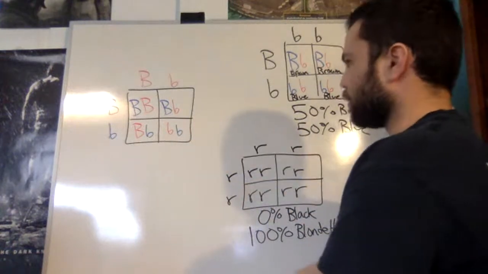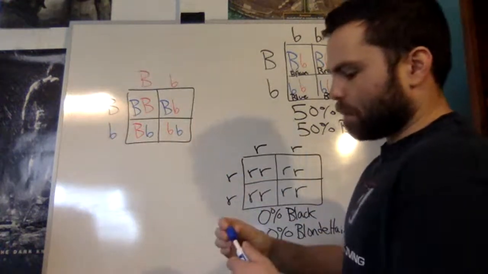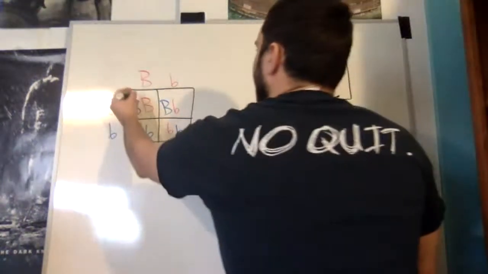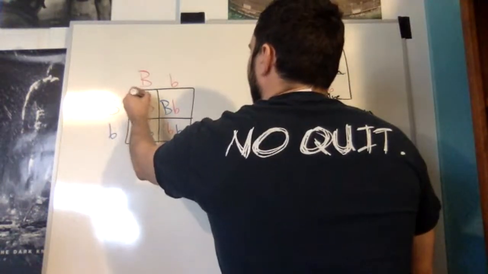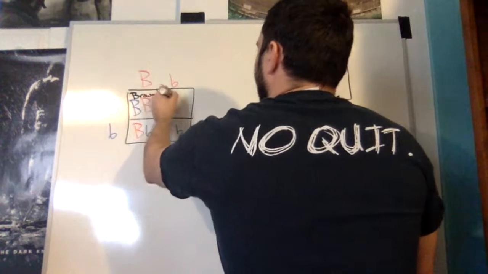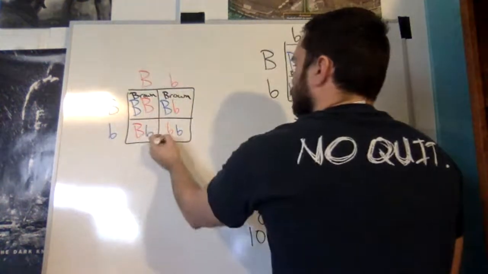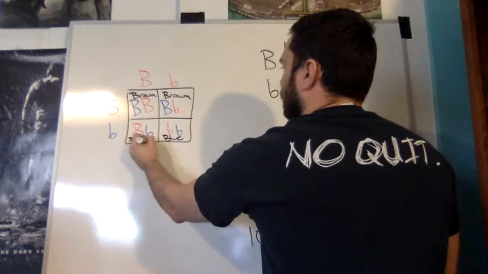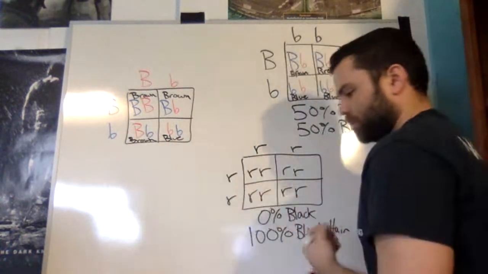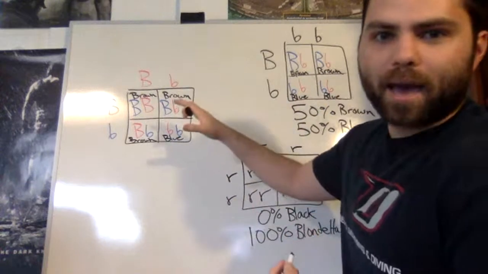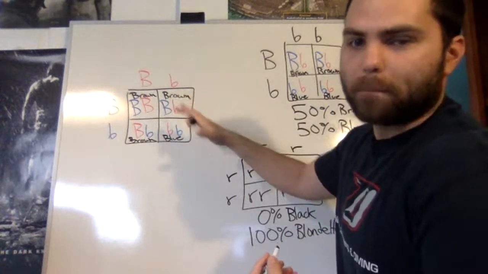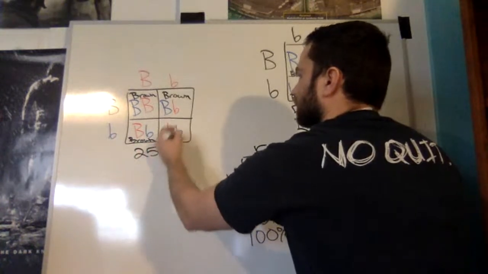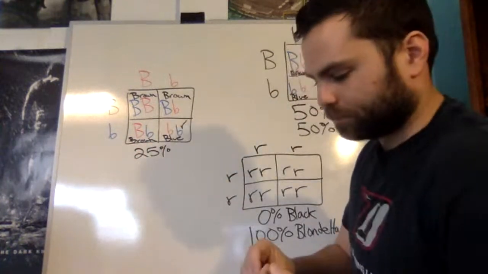So now we got to go through this. So everywhere that you see an uppercase B is going to be brown eyes. So we have an uppercase B here. So that's going to be brown. We got brown again. Two lowercases. Now it's blue. And then we have brown. Okay? So your percent chance that you might have blue eyes is 25% because there's only one box, which is that one, okay?